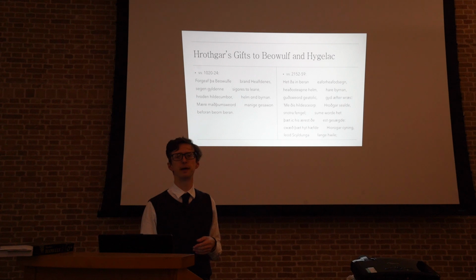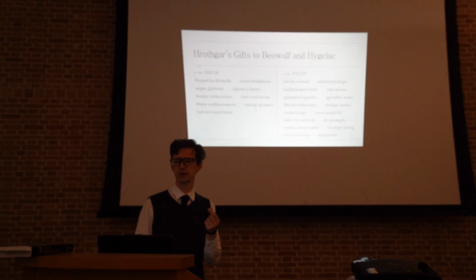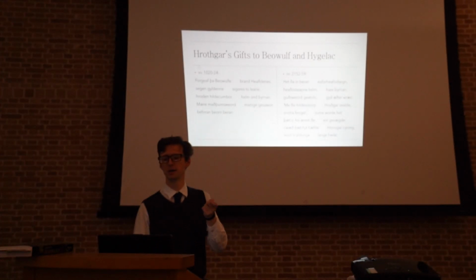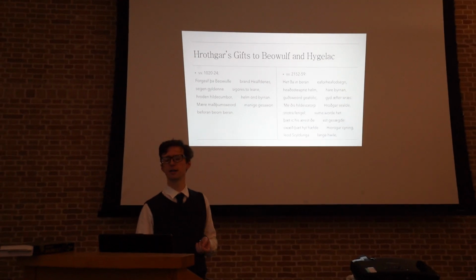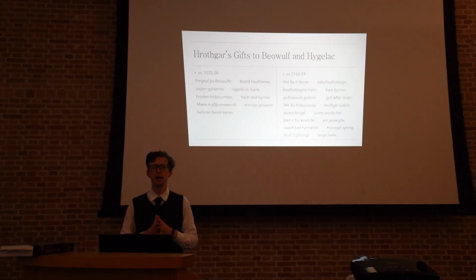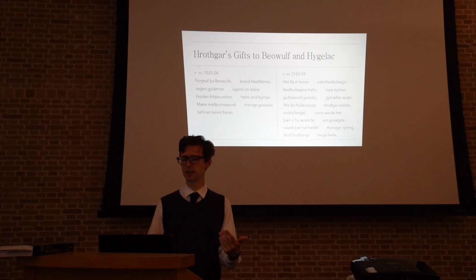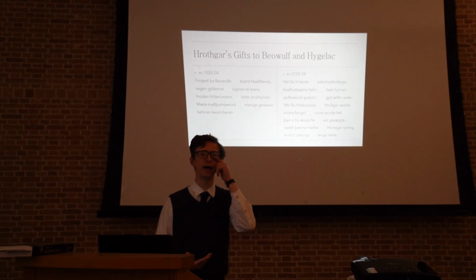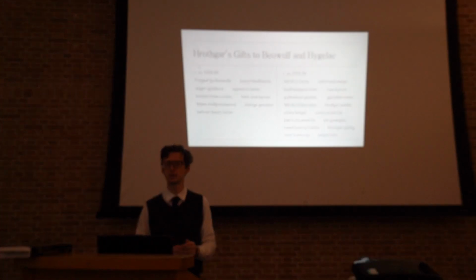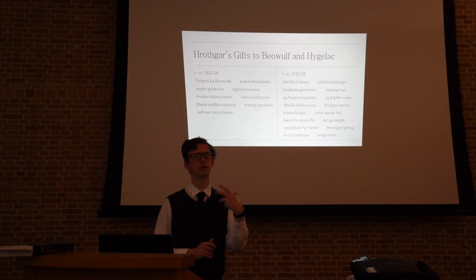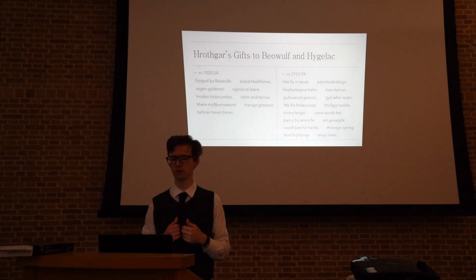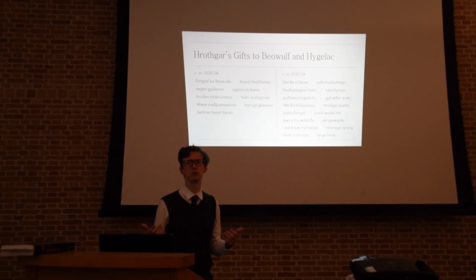Then Beowulf gets back to Jætland, and what does he give to Hygelac? He had carried in the boar head standard, and the helmet, tall in battle, and the grey mail coat.